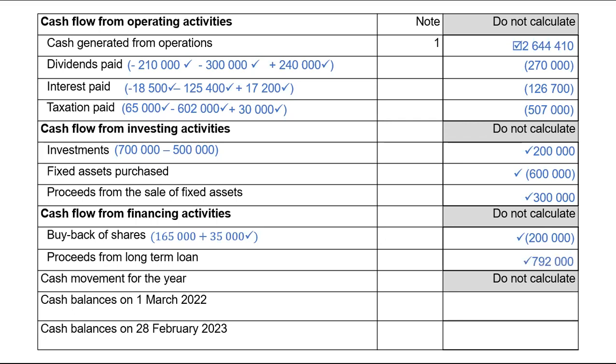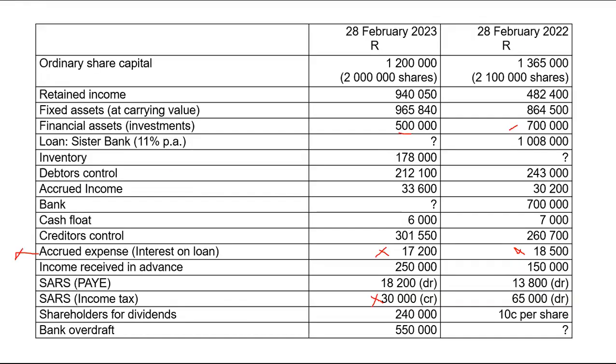And then we're going to look at the balance of cash and cash equivalents. From what I saw here, for cash and cash equivalents, we only have a bank overdraft this year, which is 550,000. So for this year, I will simply take that and add it with any petty cash. For last year, I will simply add this too.